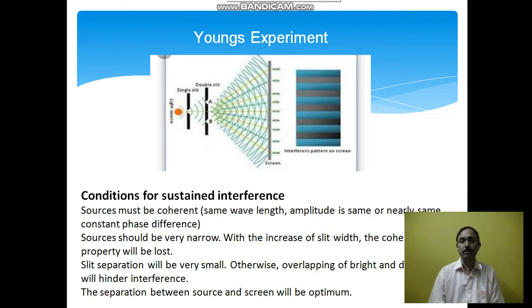With the increase of slit width, the coherence property will be lost. Number 3, slit separation should be very small. Otherwise, overlapping of bright and dark points will hinder interference. And finally, the separation between source and screen should be optimum.